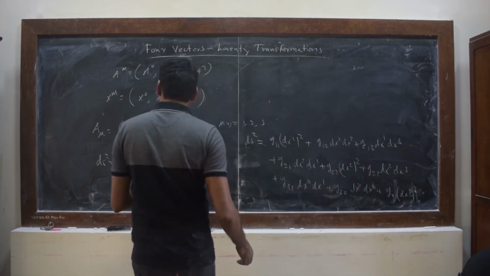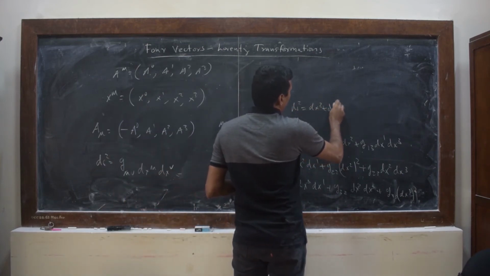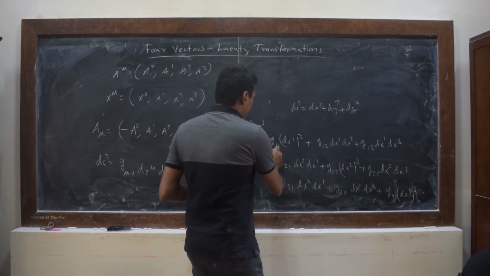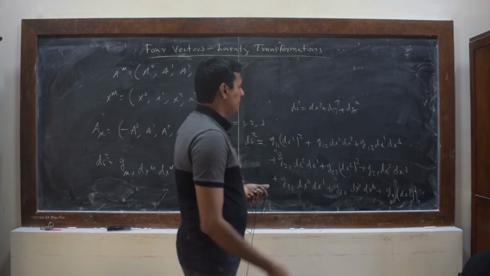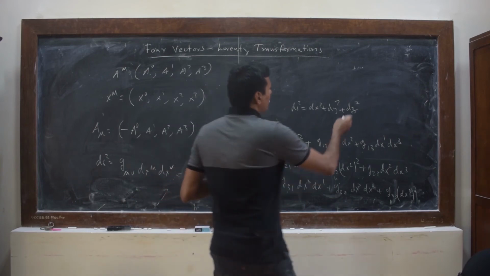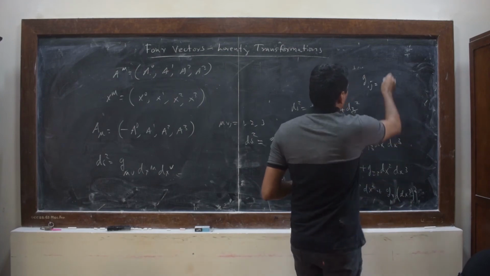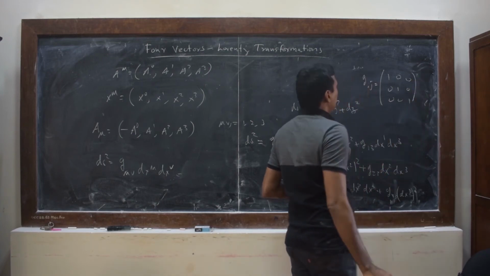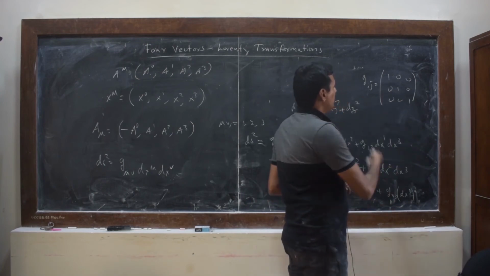But you already know that in the Cartesian space ds² is nothing but dx² + dy² + dz². That immediately tells you that G11 is 1, G22 is 1 and G33 is 1. All the other terms, G12, G13, G21 and so on, are zero. So you get G_ij, where i and j run from 1 to 3, as 1 0 0, 0 1 0, 0 0 1. This is the metric for the usual Cartesian space. This is the Kronecker delta, or the identity matrix.